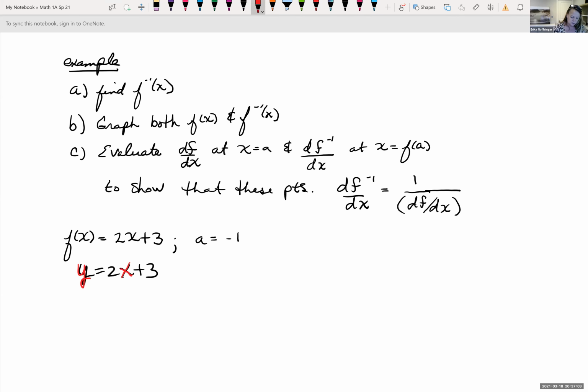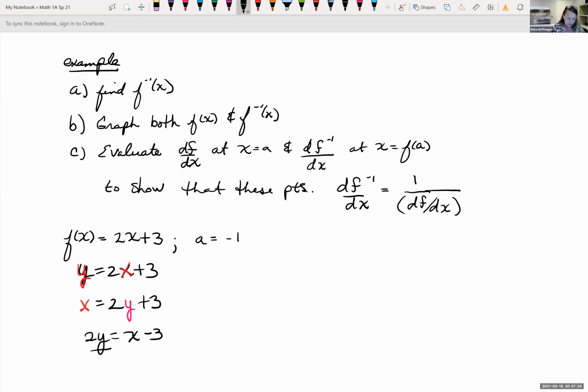So swapping x and y, I now have x is equal to 2 times y plus 3. To get y by itself, I would get rid of any terms that didn't have y. I would subtract 3 on both sides, and I get 2y equals x minus 3.